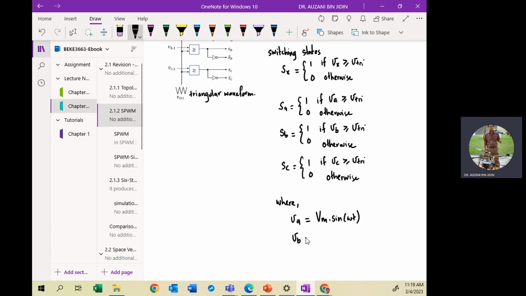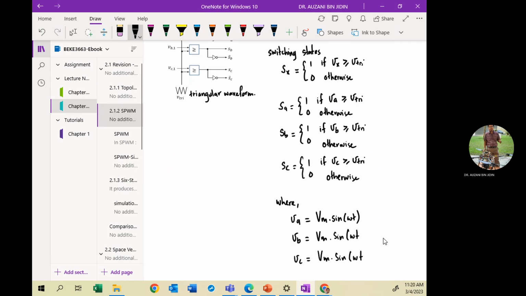Then you also have VB, with the same amplitude or peak value and the same frequency, but each phase must be different by 120 degrees, 2 pi over 3.